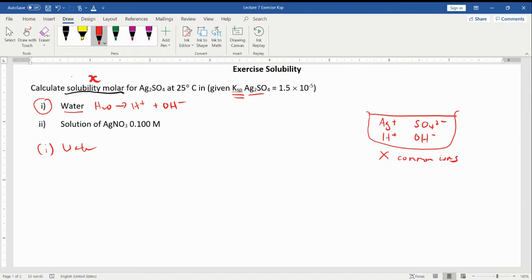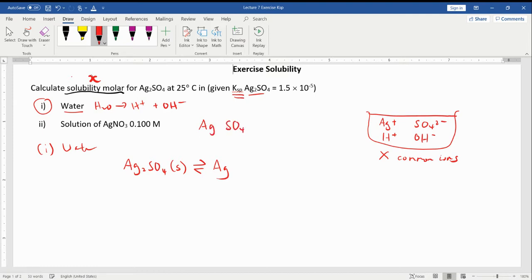Now we start with silver sulfate. Remember, if solubility is given, this is a slightly soluble salt, so it is solid. If you cannot remember the ions, it's very easy.